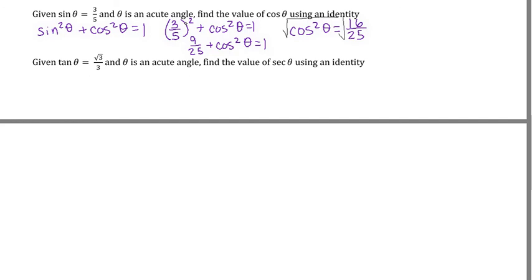Now, if we take the square root of both sides, we know that cosine theta equals 4/5. There we go.